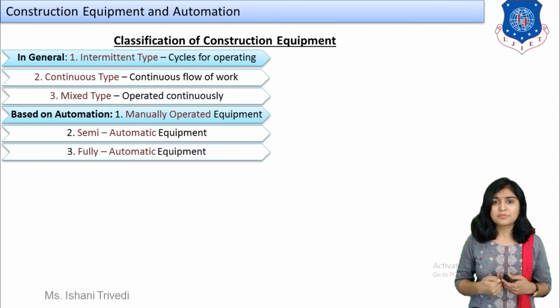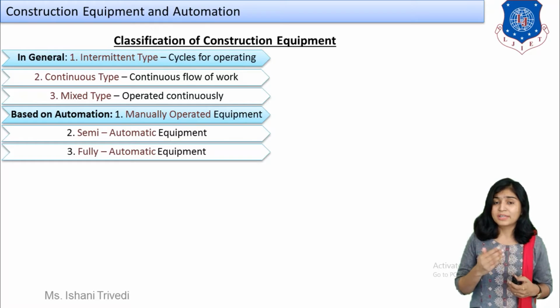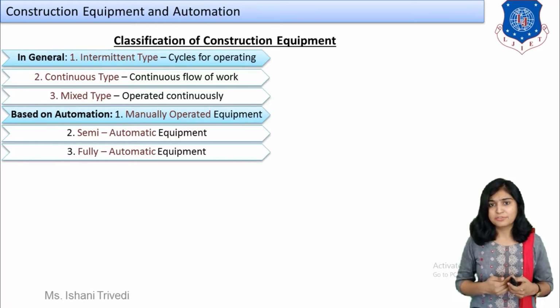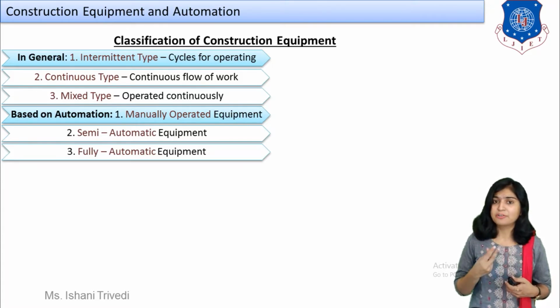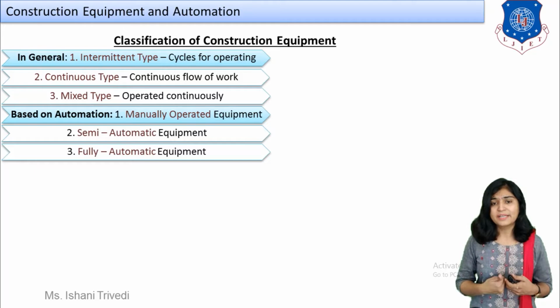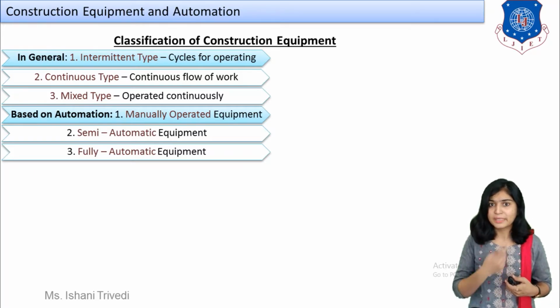The next classification of equipment is based on automation. Again I am going to take the example of concrete mixers, because in concrete mixers we have manually operated, semi-automatic, and fully automatic. Likewise, we have cranes, some semi-automatic and some fully automatic.